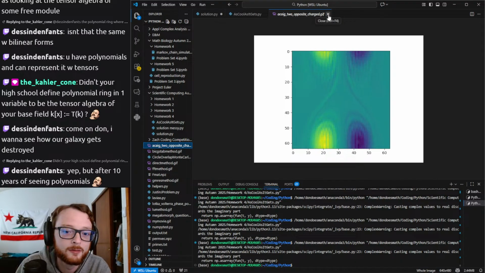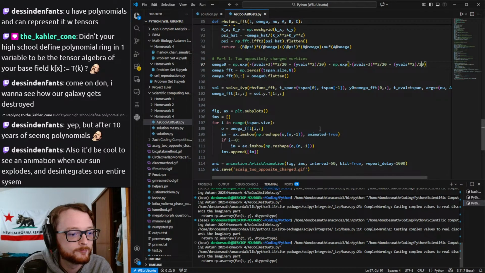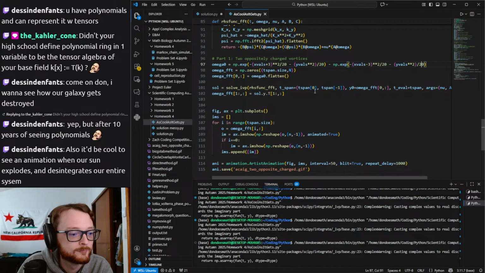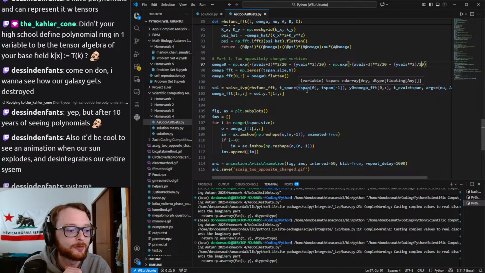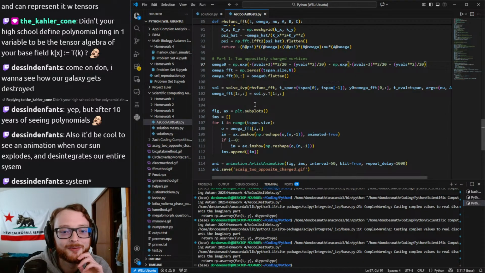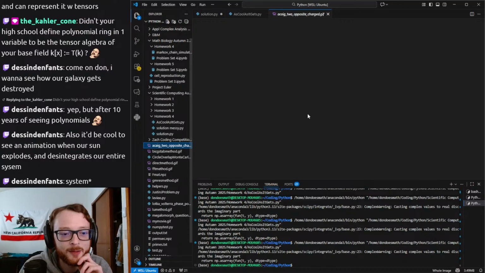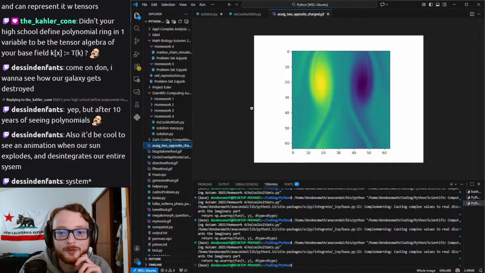Again. Should I make them bigger? Cool to see an animation where our sun explodes and disintegrates our entire system. Though it won't disintegrate the entire system. I think only out to like Mars or something. You know, if you're on Neptune, you're just gonna have a good show.